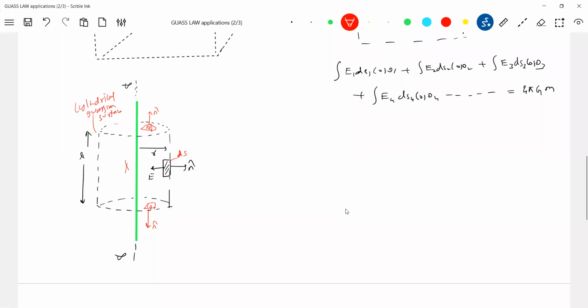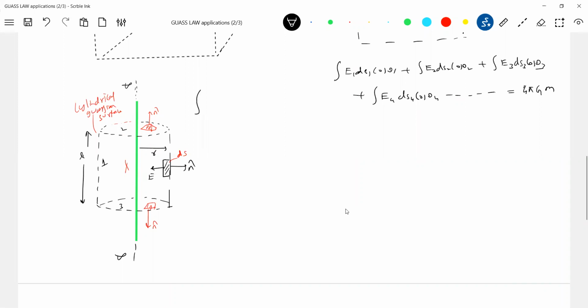What about E bar dot ds for this surface? It will be 0 because here E bar will be tangential to the surface, and n cap here. So the E bar dot ds will be 0 for this surface, will be 0 for this one. Only for the curved surface it will be non-zero. So now I'll give names: surface 1, 2, 3.